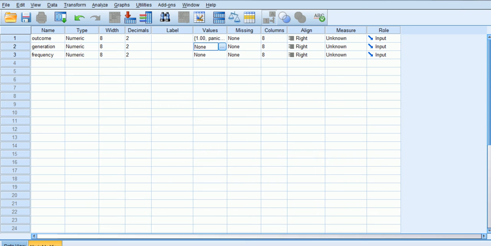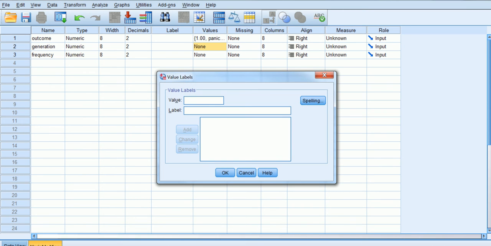And then generation, we can put 1 as first generation, and 2 as other than first generation. So I'll just put not first generation.